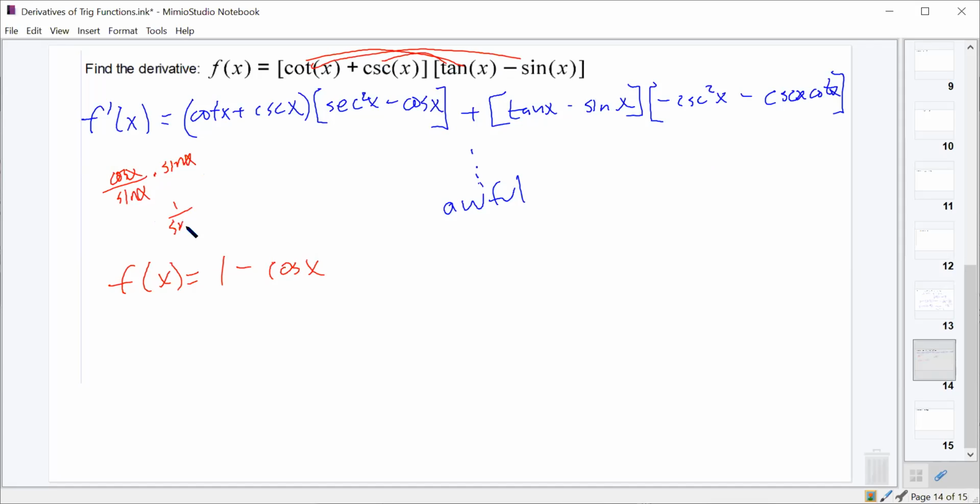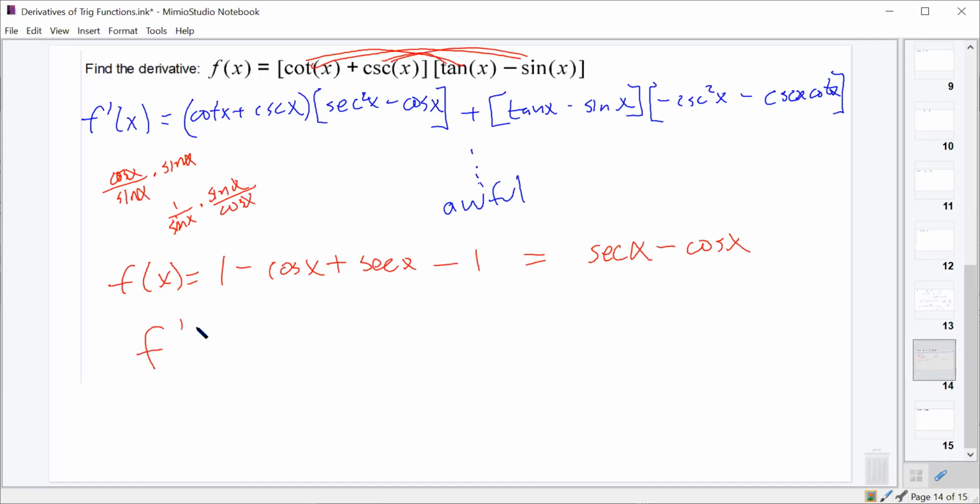Sine over cosine squared? No, wait, sorry. 1 over cosine, which is what? Secant. And then what about cosecant times negative sine? That'd be a -1. So really, we just end up with secant x minus cosine x if we simplify it first.